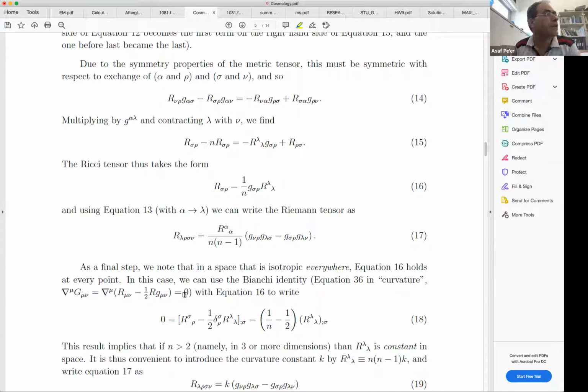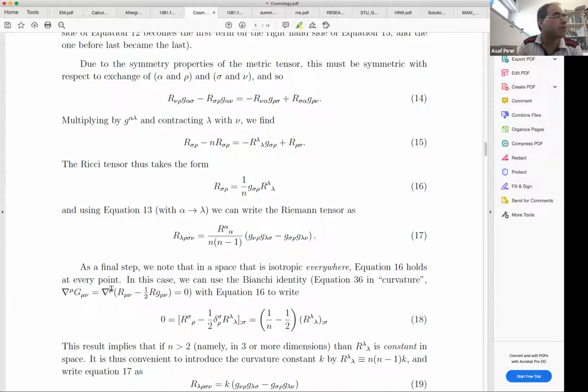And combine it with the equation we got for R mu nu, or R sigma rho, that we derived up here as 1 over n G sigma rho times R lambda lambda. So again, rather than mu and nu, I write it down as a sigma and rho, or I can multiply that. Mu is replaced with a rho, and I multiply with a G sigma mu.